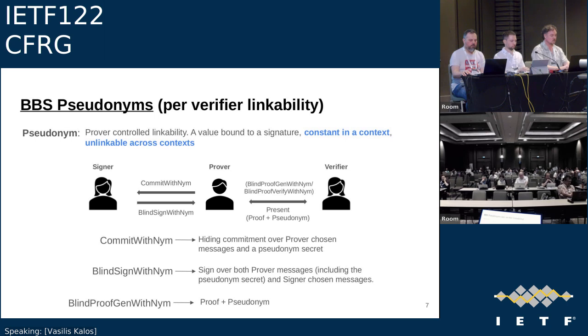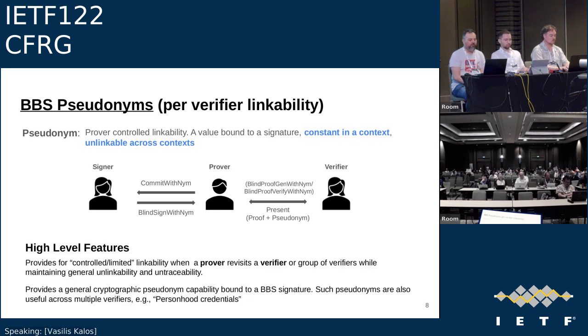And then we also have to update the proof generation and verification operations from the main document to also calculate the pseudonym value and to also calculate the proof of correctness of the pseudonym value that the verifier will have to check as part of the proof verify with nym operation. So, moving on, high-level feedback.